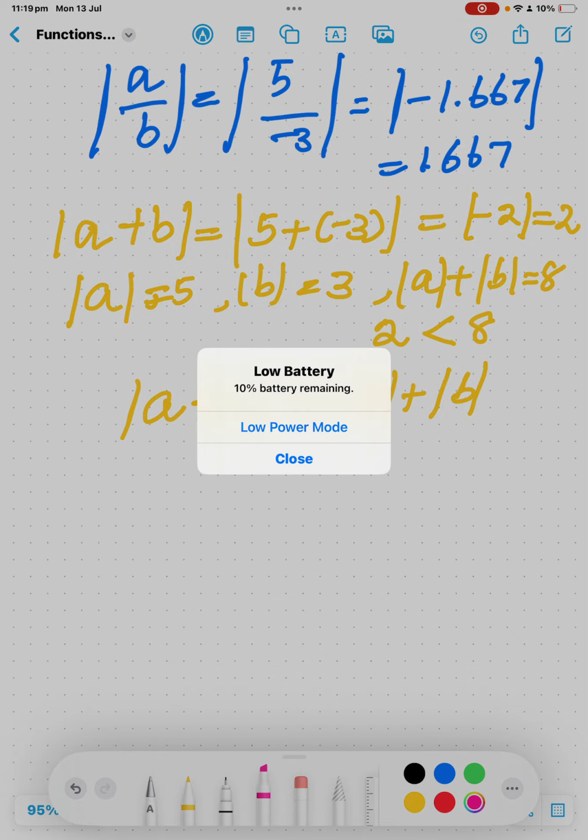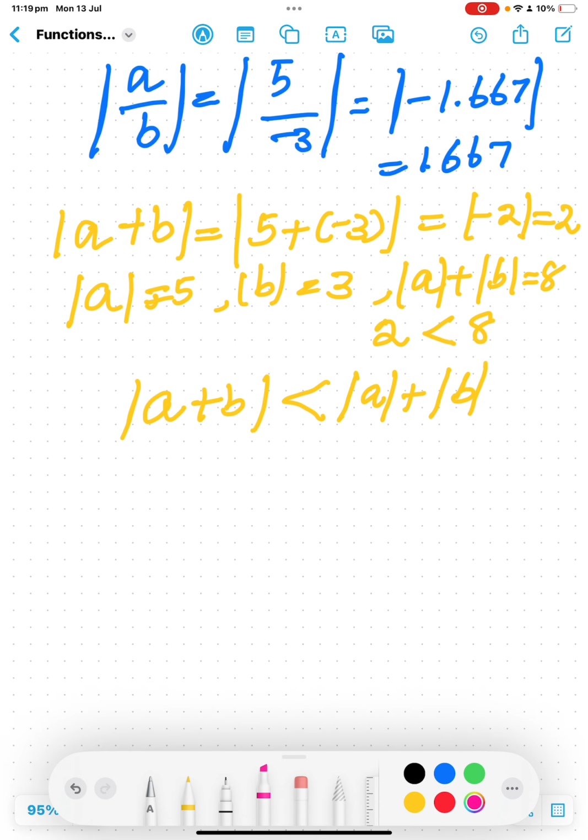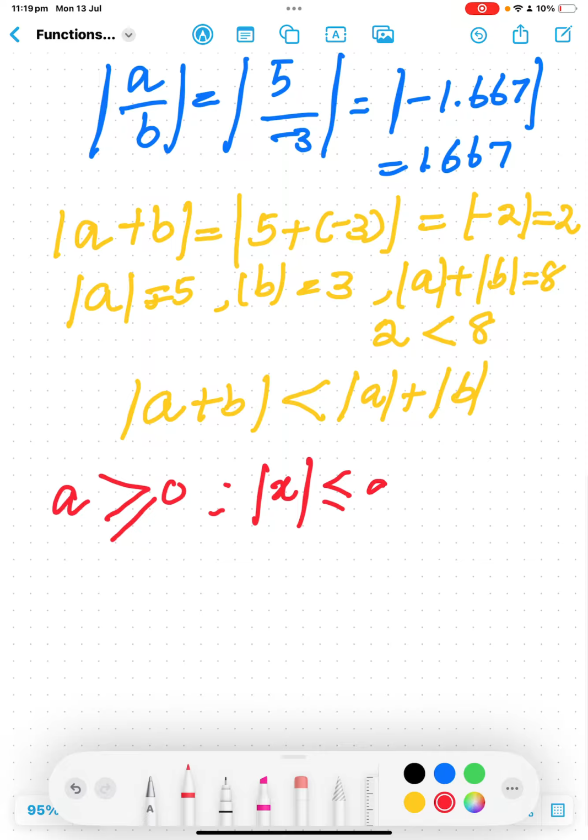Now we move on to another property. Let's say a is greater than or equal to 0, and modulus of x is less than or equal to a.